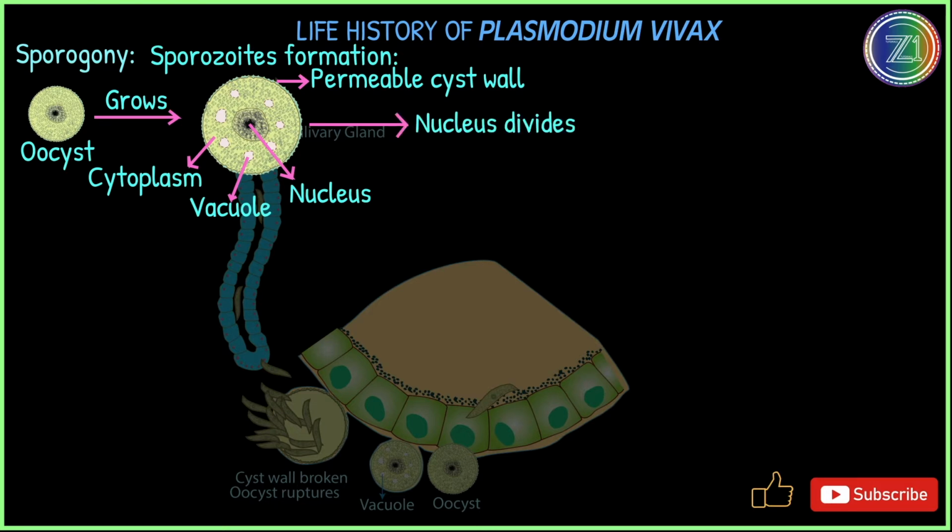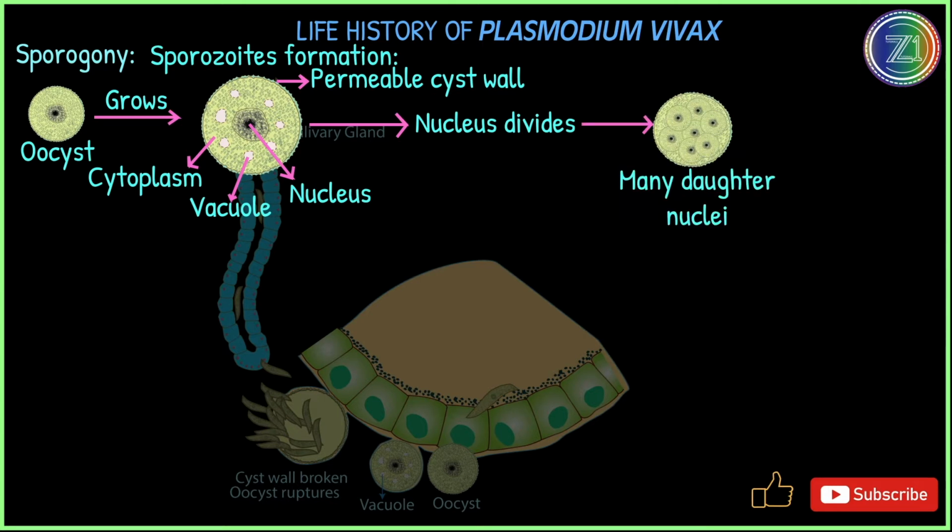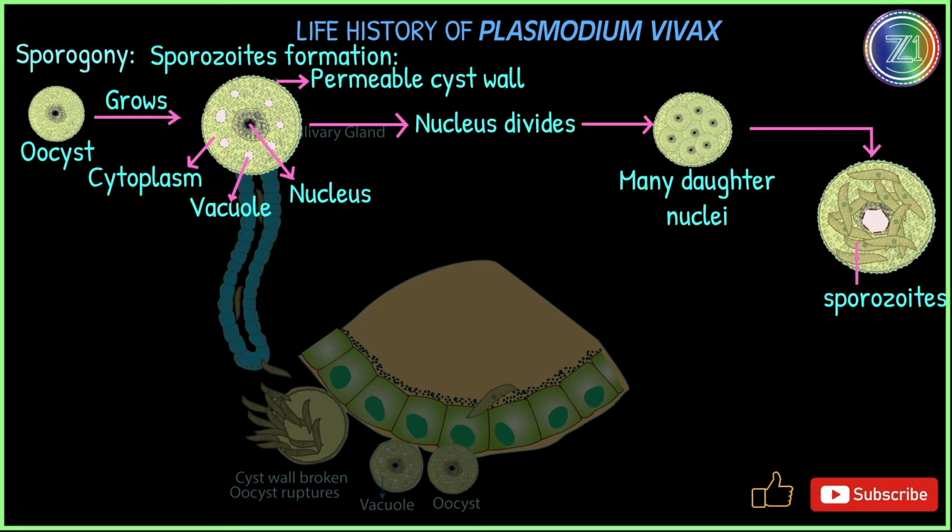The nucleus divides repeatedly, and it is going to result into many daughter nuclei. Those many daughter nuclei are going to be surrounded by the cytoplasm, and each daughter nucleus is going to get converted into another parasite which we call the sporozoite. So it is the same that we had started with.